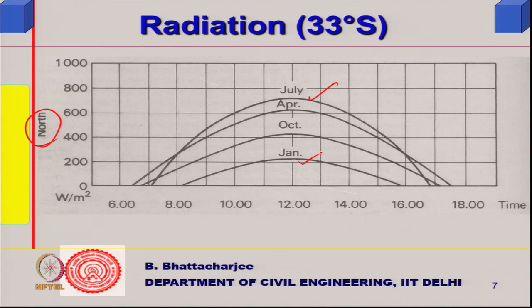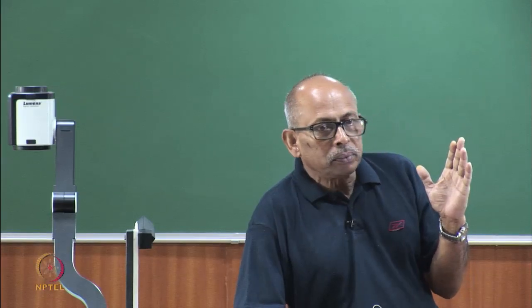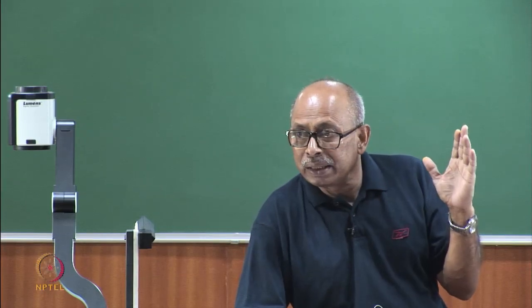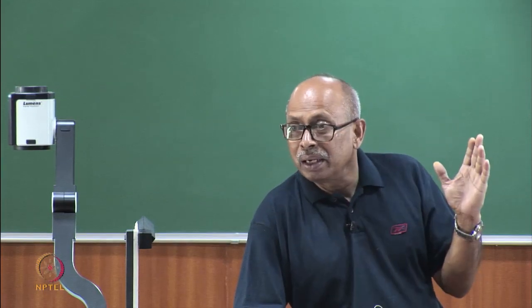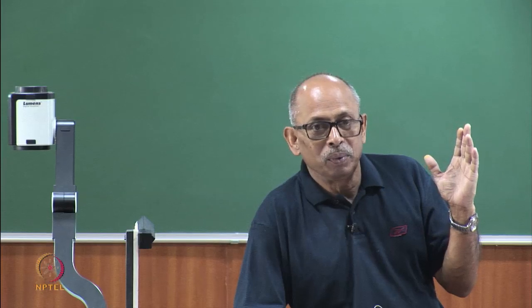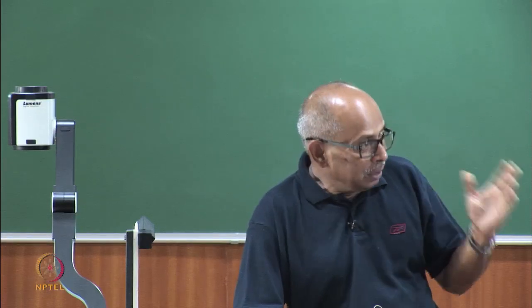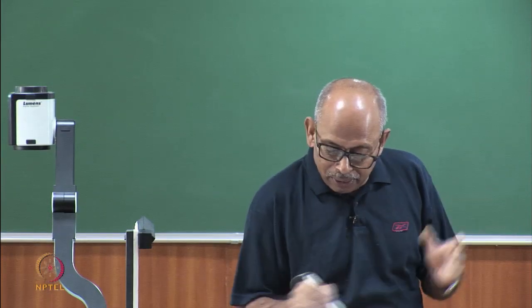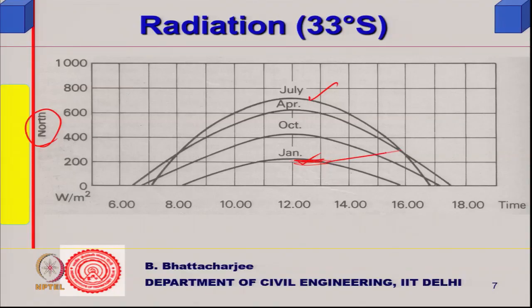So, at higher latitude, south surfaces in the northern hemisphere will receive low radiation in summer, while in the southern hemisphere, for the north surface, this is summer.